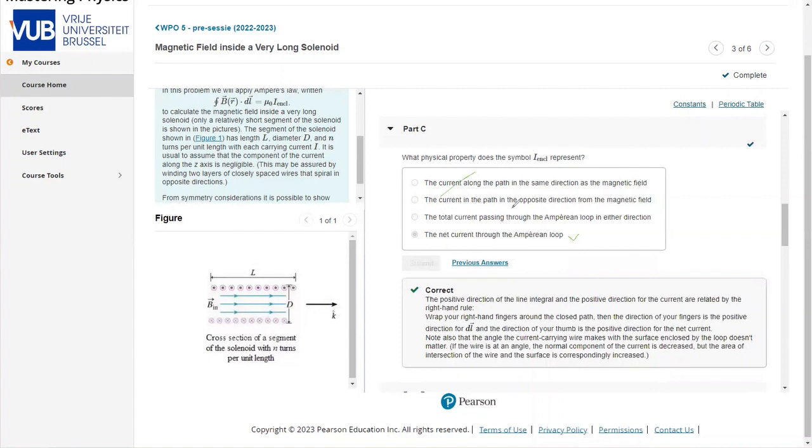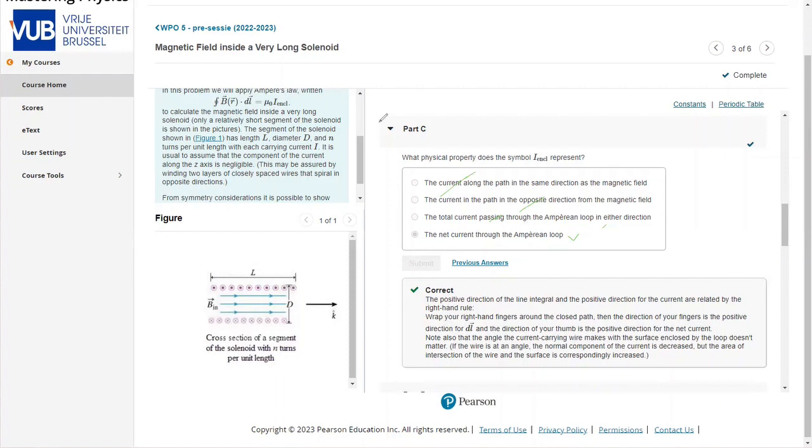The current interpreted in the opposite direction, false. The total current passing through the Amperian loop in either direction, it's false. You can only say it that way. Total current passing through the Amperian loop in either direction. Now, the net current through the Amperian loop, yeah, that's a good one.